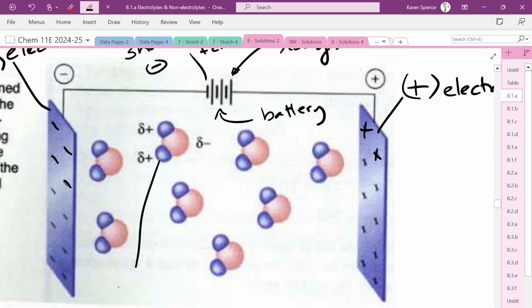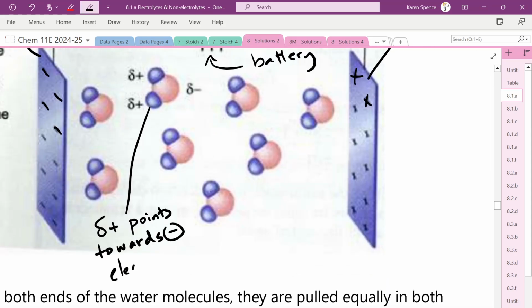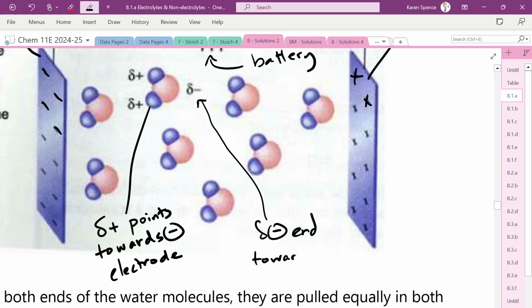So the slightly positive end points towards the negative electrode, and the slightly negative end points towards the positive electrode.